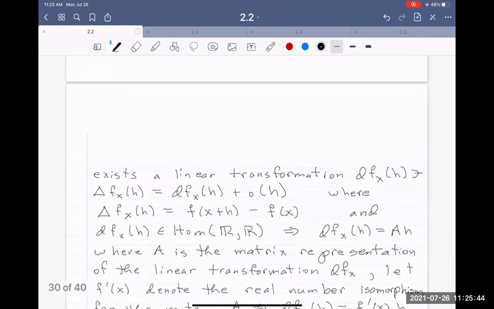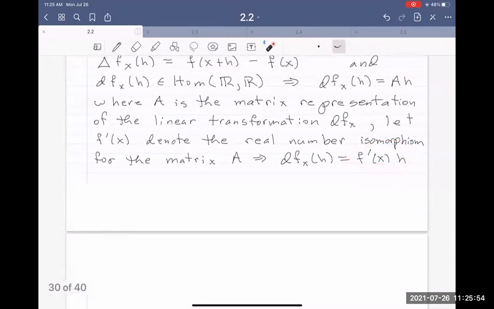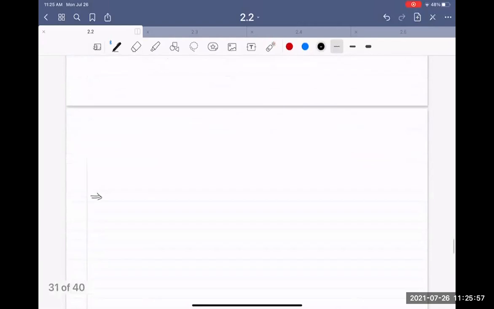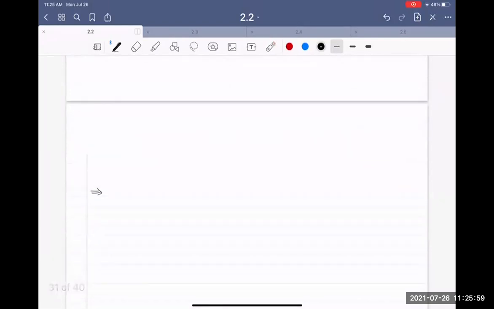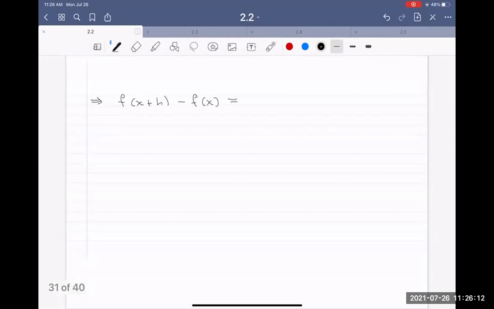If I retranslate each of these, I have that delta f of x plus h minus f of x is equal to some number f prime of x times h plus a little o of h.